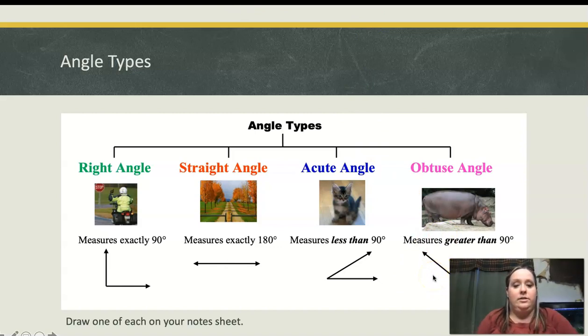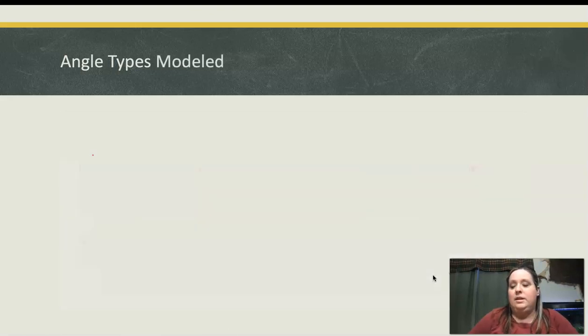So go ahead and draw one of each of those. Just free draw with your hand on your note sheet. So you can pause this video and do that. Okay, and when you're done, what I would like you to do, before you move on, just to make sure that you're watching this video, is send me an email with an example of an angle that is larger than 90 degrees.